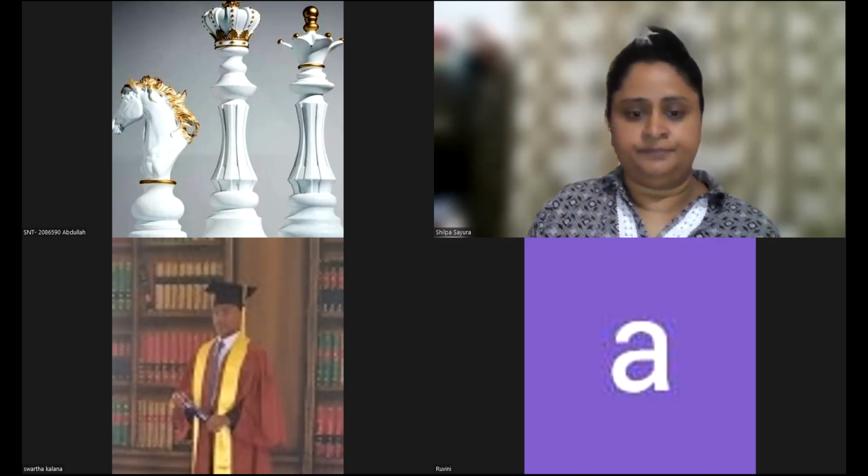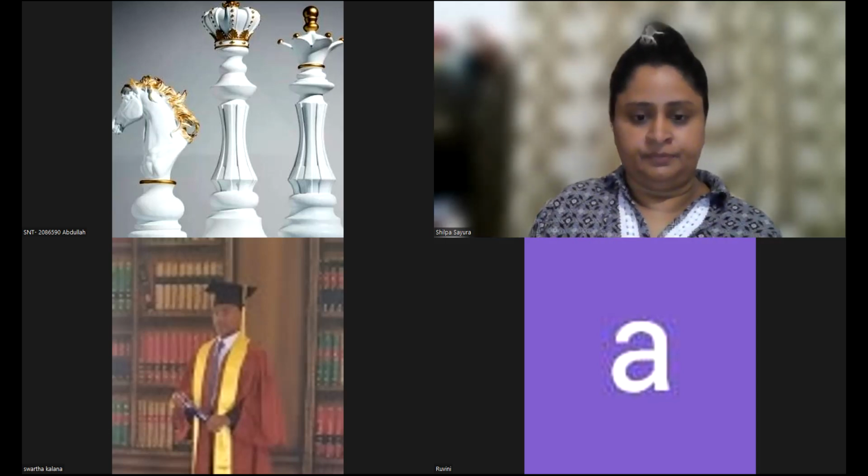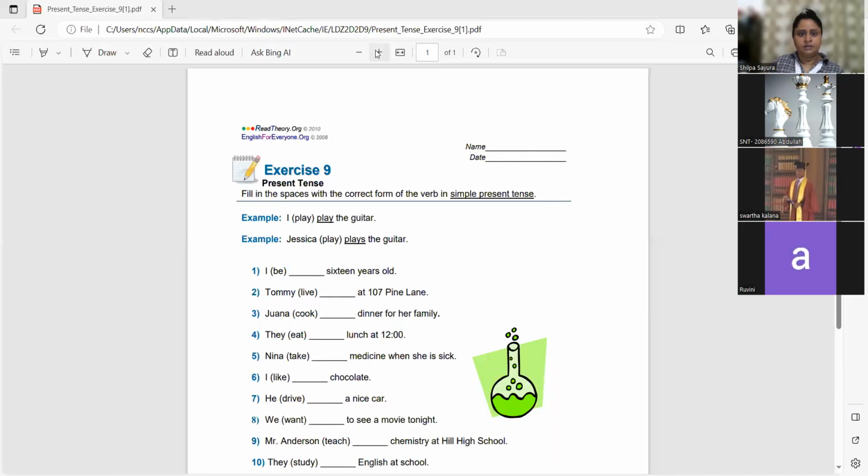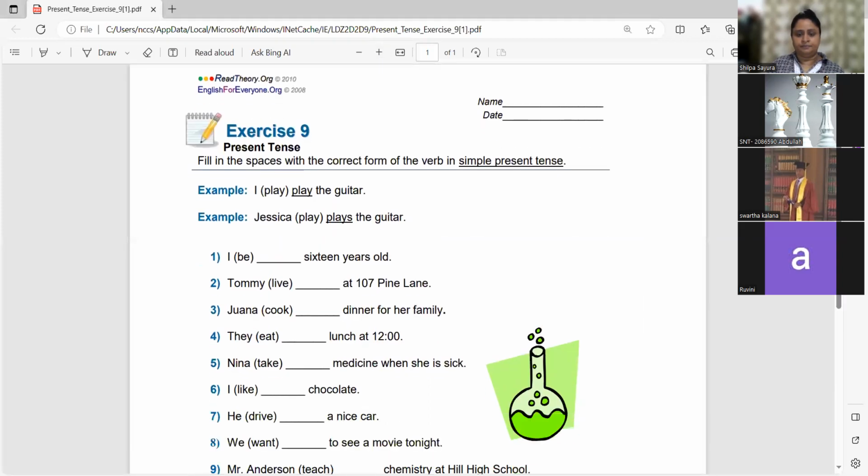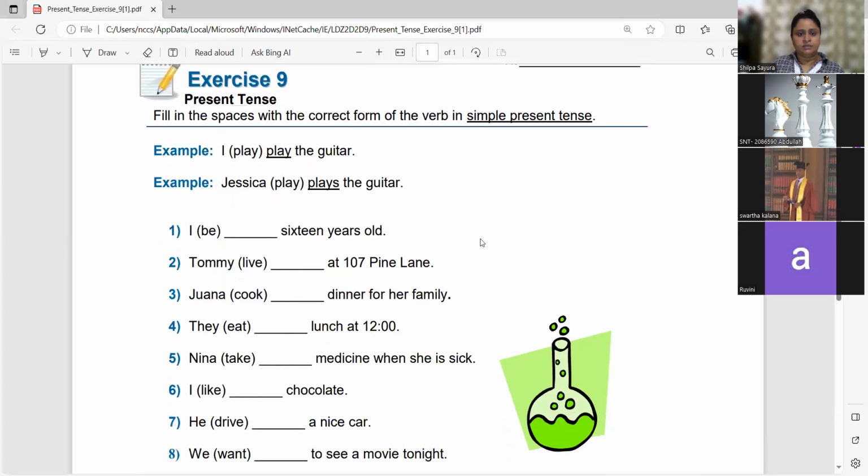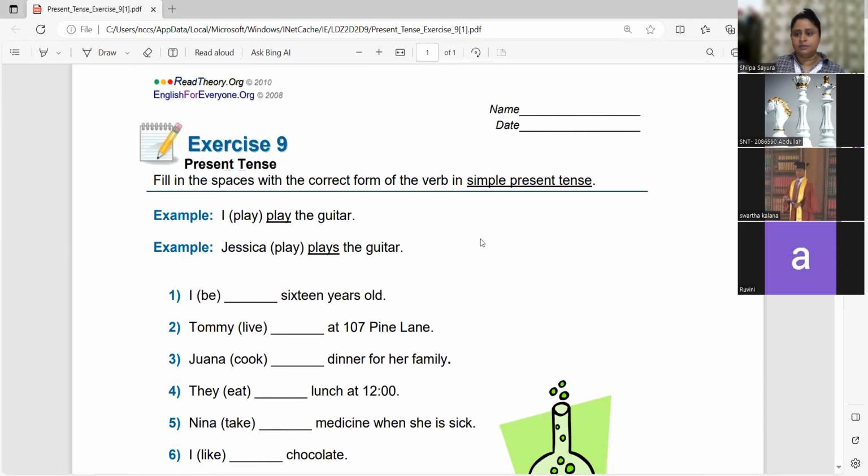Okay, can you see my screen? I hope you can see my screen. Yes. Okay, can you do the exercises? It's a very easy exercise.